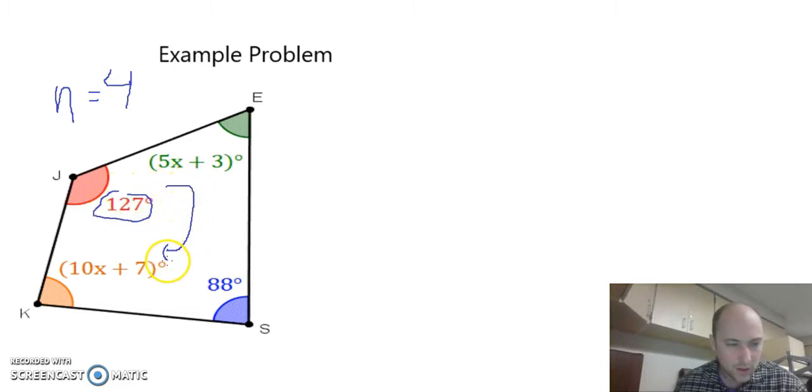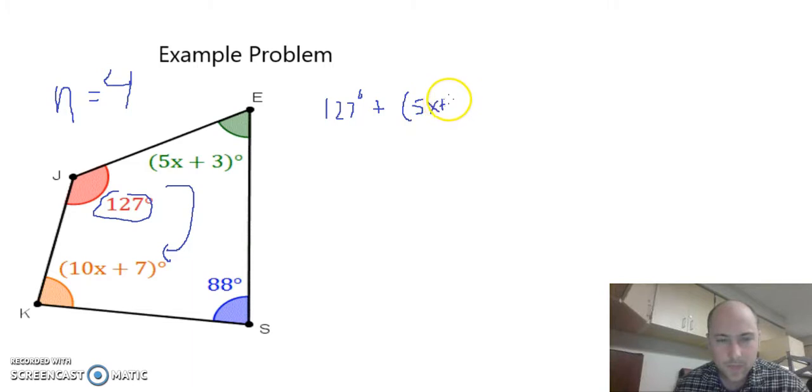It doesn't matter what order you go in. I just want to make sure I include all of the angles. So 127 degrees plus this next angle measure, 5x plus 3 degrees, the next angle measure is 88 degrees, and finally, we have 10x plus 7 degrees.